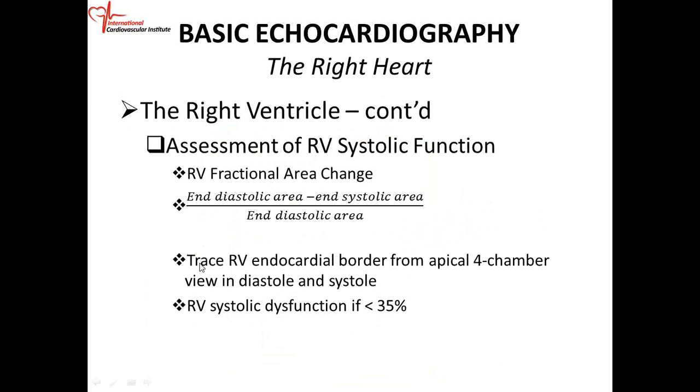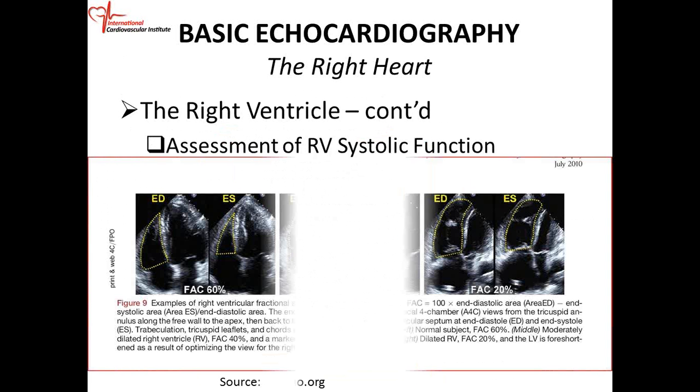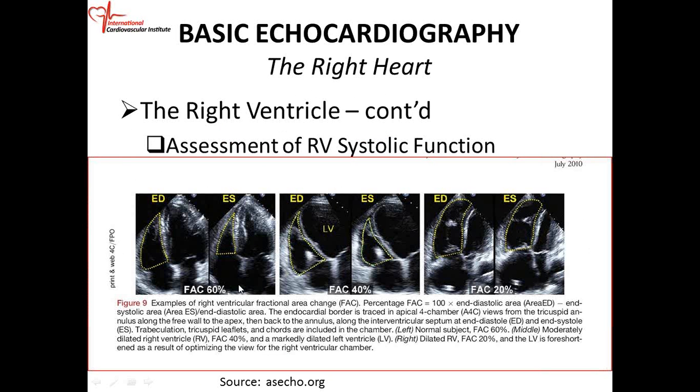So what you're going to do is trace the RV endocardial border from the apical four-chamber view in diastole and systole. Okay, so this is how it's done. Remember, it's the RV we're talking about. You trace the endocardial border in diastole, and then you trace the endocardial border in systole.